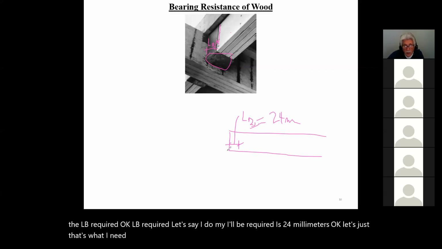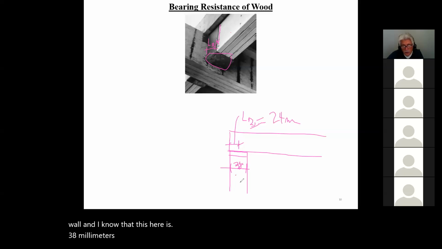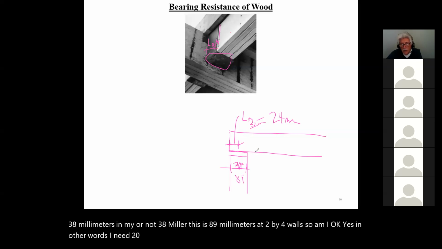And I know I'm going to be sitting on a 2x4 wall, and this here is, not 38 millimeters, this is 89 millimeters, a 2x4 wall. So am I okay? Yes. I need 24 and I'm providing 89. Therefore, absolutely no problem.